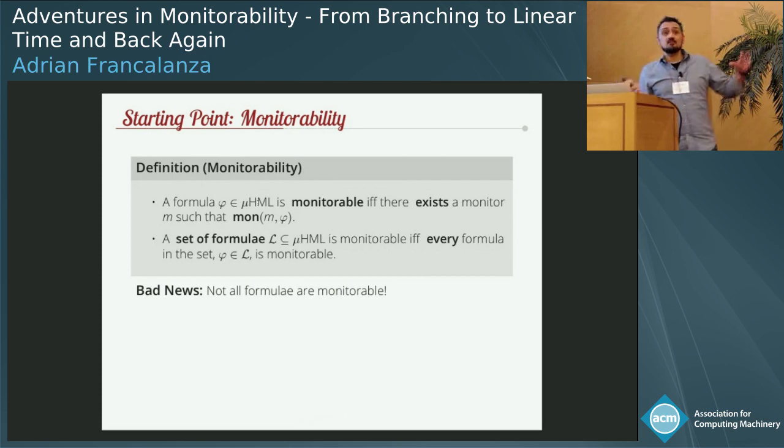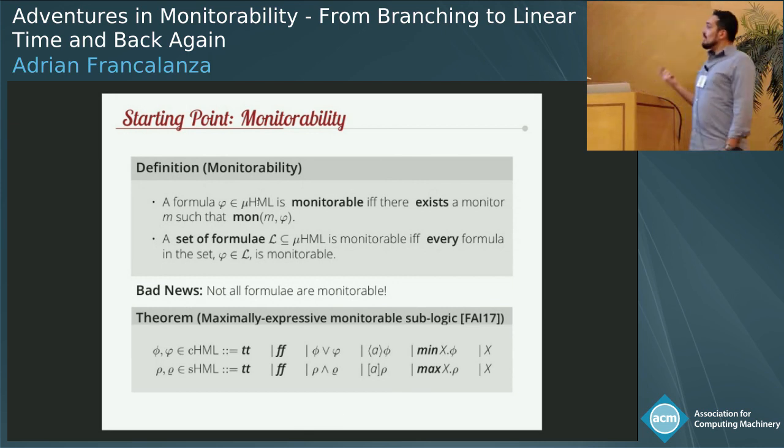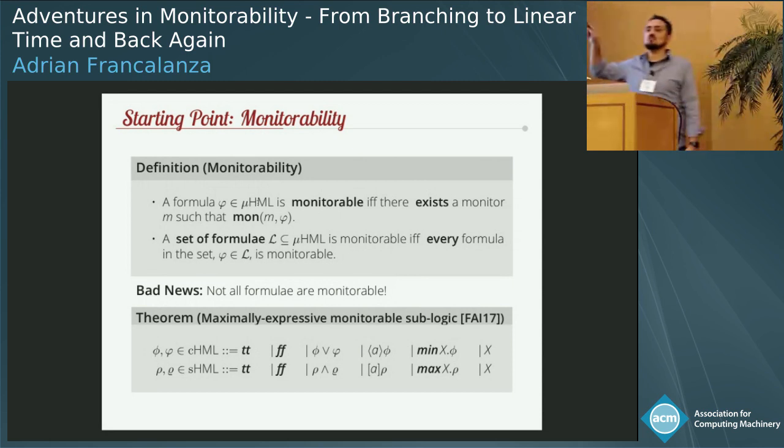The bad news is that for the modal mu calculus, not all formulas are monitorable. And the main result that we have is this one. This is what we call the maximally expressive monitorable sublogic. What it means is this: every formula that you can specify in here, you know that it is monitorable.